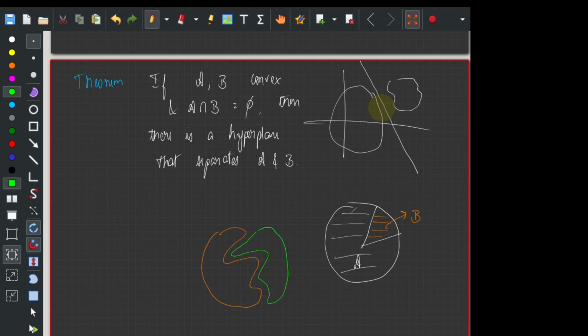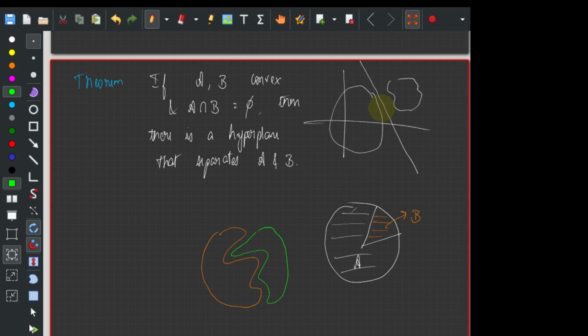I will not prove this particular statement. There's a conditional proof in the Boyd and Vandenberghe textbook, but the most generalized proof requires many other results that need to be developed in order to come to this particular stage. So we'll assume that this is a fact and this is true, and just go on with it.